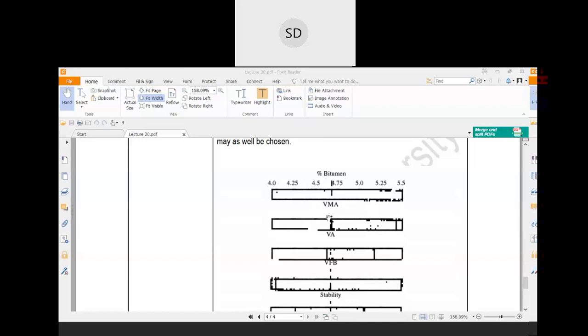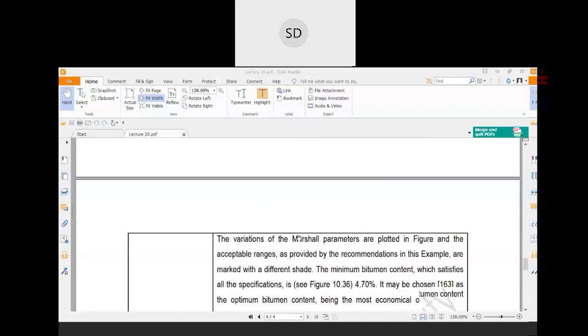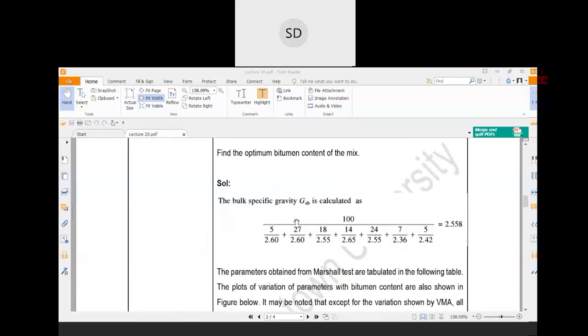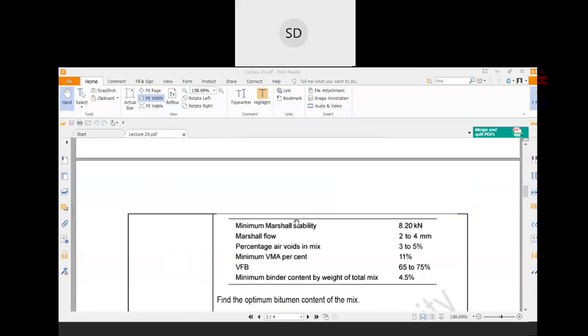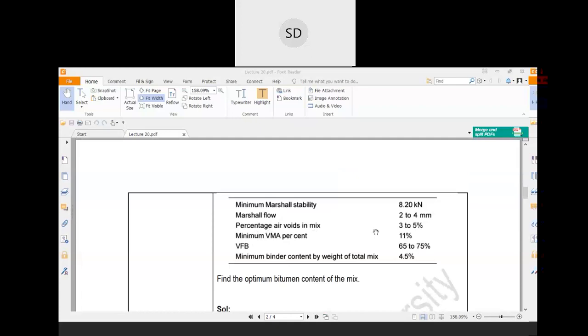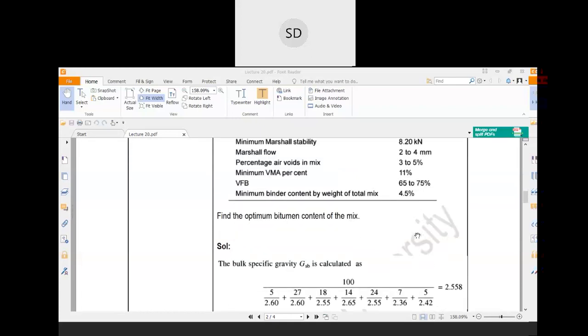Now next is the percentage of bitumen and the VA value, the voids in the aggregate. In the voids, what is the condition? Go for the condition. It is given as 3 to 5%.